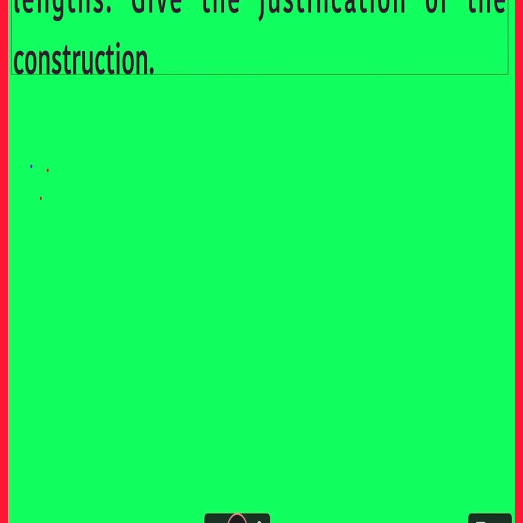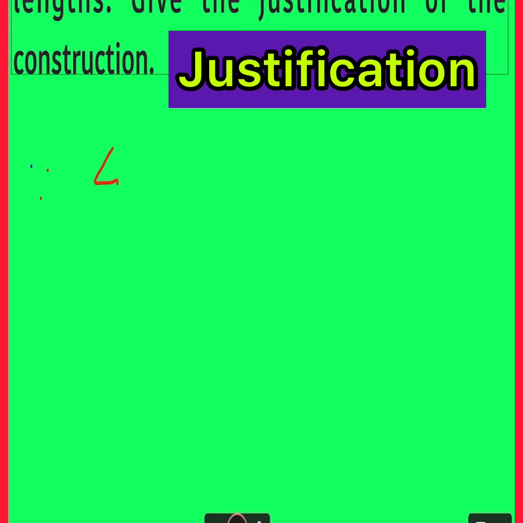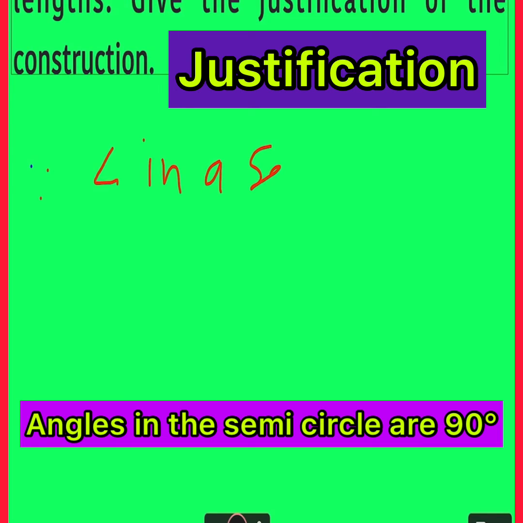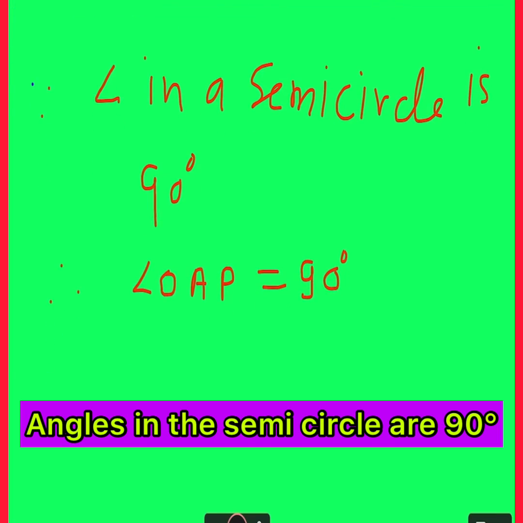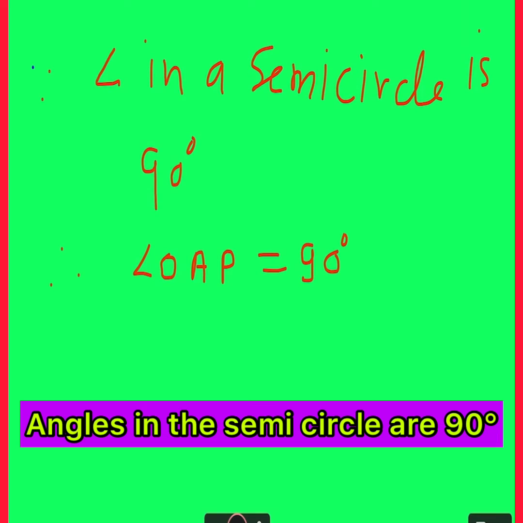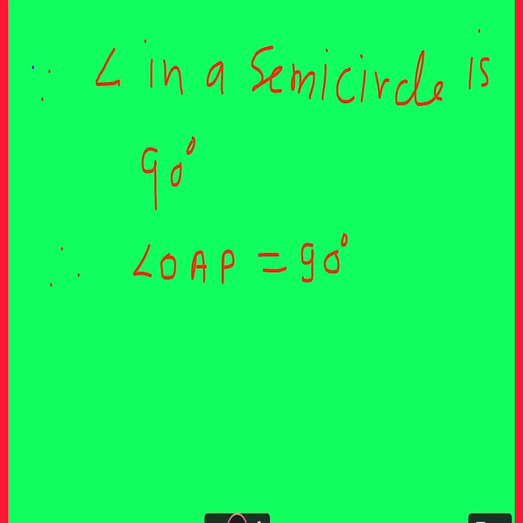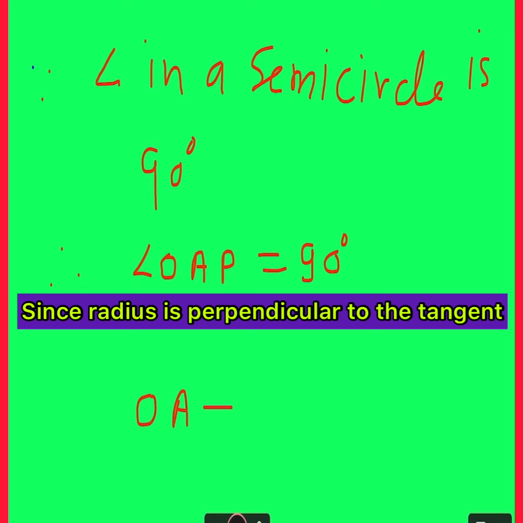Since the angle in a semicircle is 90 degree, therefore from the construction you can say that angle OAP equals 90 degree, and hence radius OA is perpendicular to the tangent.